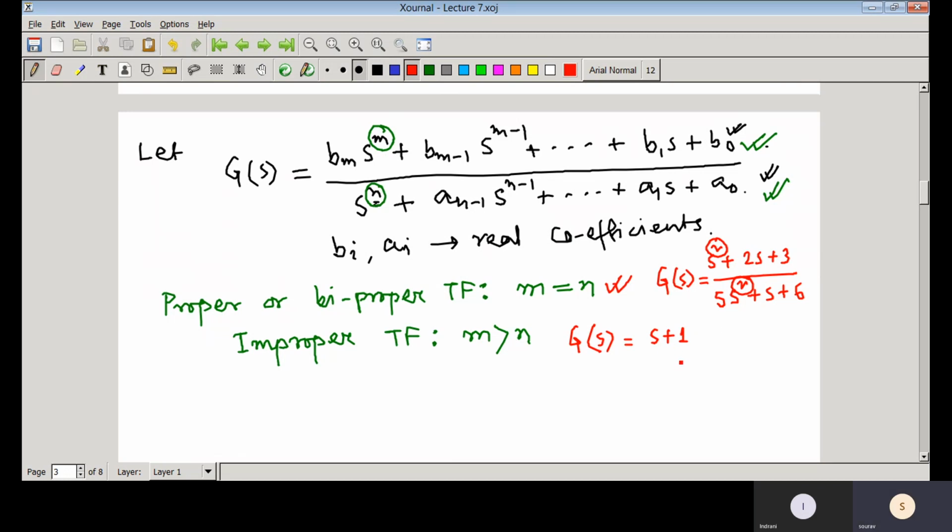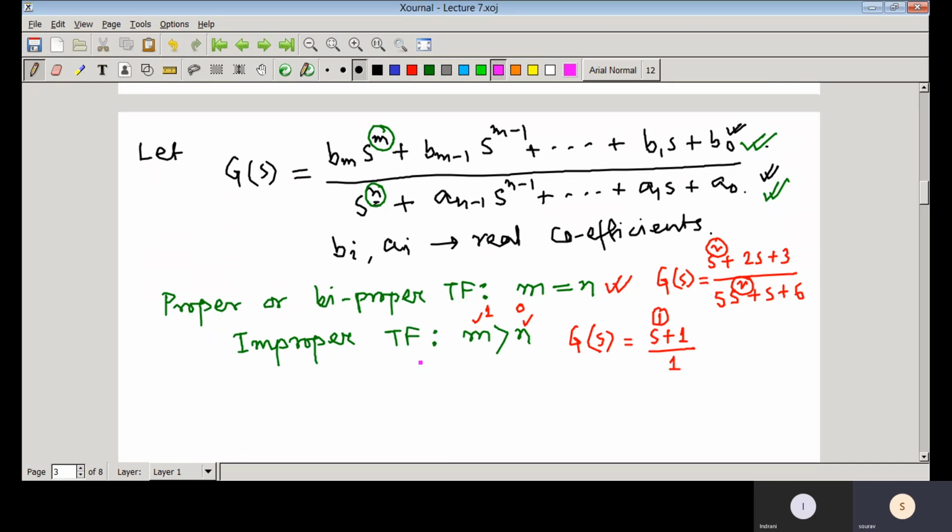So s plus 1 means we can say that this is s plus 1 by 1. In this particular example, the degree of the numerator polynomial is 1, that is m, and the degree of the denominator polynomial is 0, s to the power 0, so this is n. That means 1 greater than 0, so that's why it is an improper transfer function.